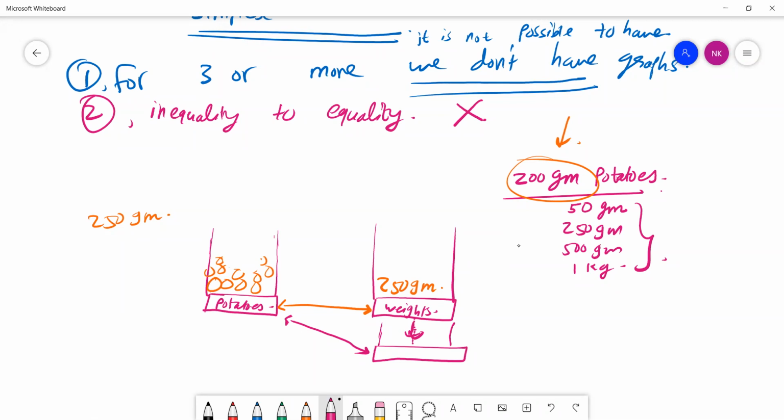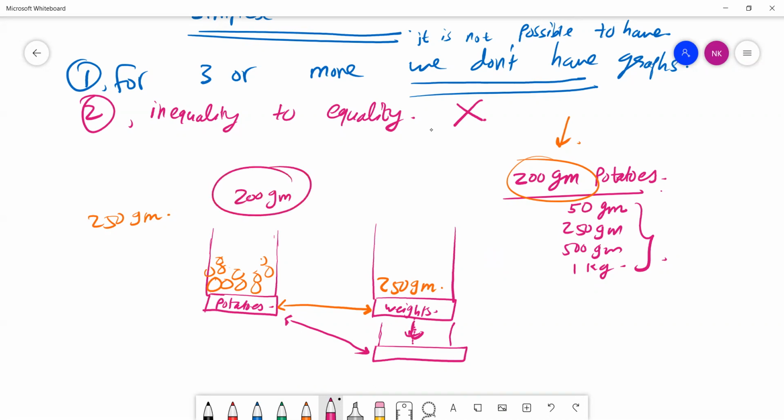The left side pen is at a higher position compared to my right side. Because of this, he says that now on the left side, the potatoes are equivalent to 200 grams.